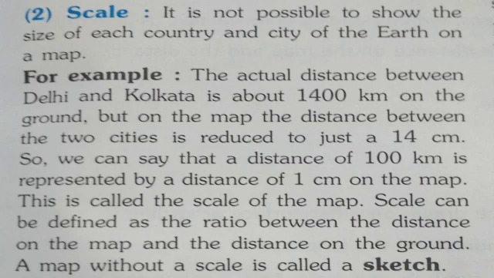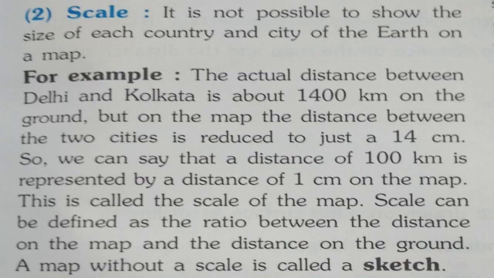So we can say that a distance of 100 kilometers is represented by a distance of 1 centimeter on the map. It means 1 centimeter is equal to 100 kilometers, and it will show the actual distance, that is 100 kilometers, in 1 centimeter on the map.